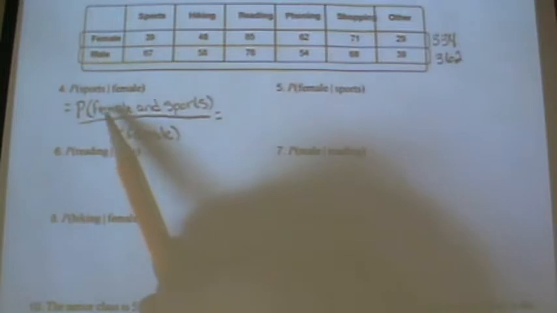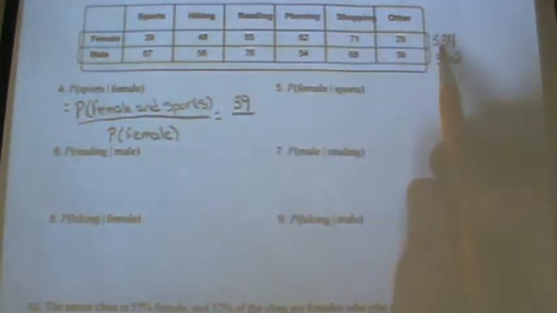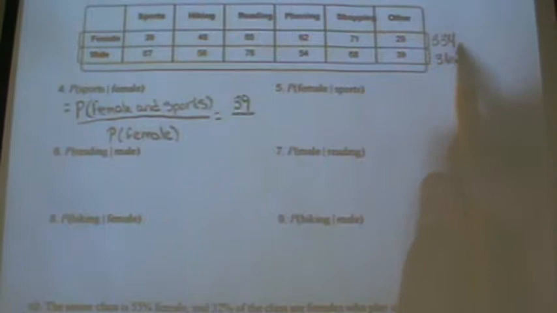So if we look at our table, the probability of being a female and playing sports is given right here, because that's female and they play sports. So we have 39 is our top number. And then our bottom number is our total number of females that we found, so our 334.